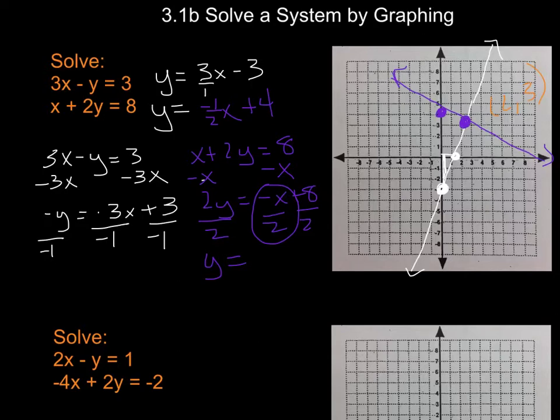Now, keep in mind, the white line, that's all the x, y's that make the first equation true. So, for example, the point (0, -3) is a point on the white line. That would make the first equation true. And all the points on the purple line make the second equation true. So, for example, right here, I have (0, 4).